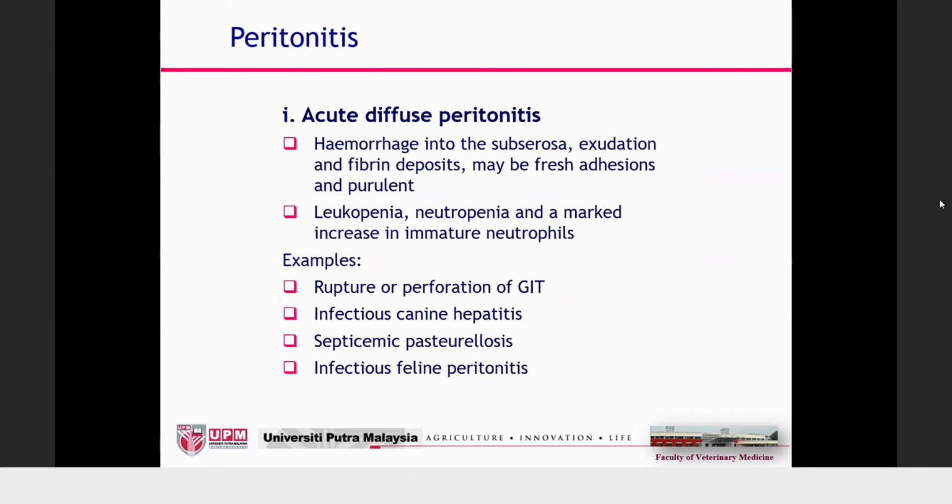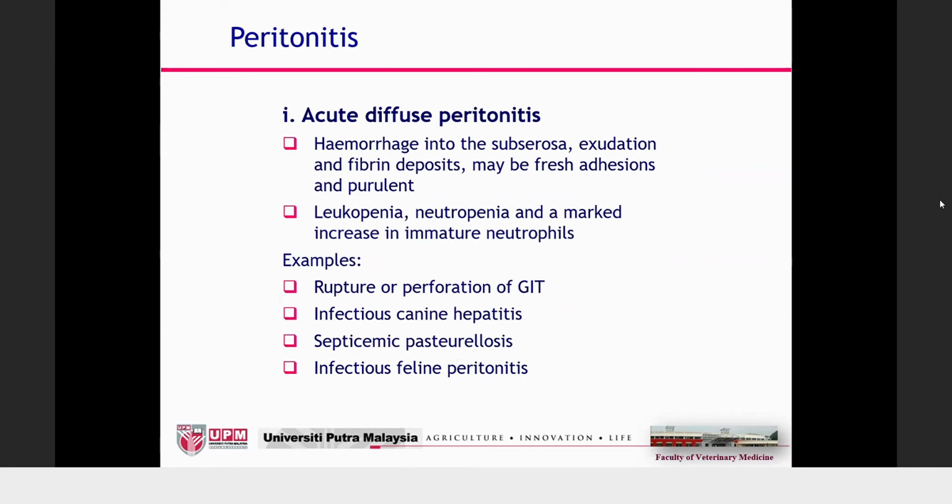Sometimes, like in cases of feline infectious peritonitis, and in cases of septicemic pustulosis, you might expect to see this acute diffuse peritonitis. One more important point is that when you open the carcass and see there is acute diffuse peritonitis, again, what you should consider in your mind is the differential diagnosis of this acute diffuse peritonitis.